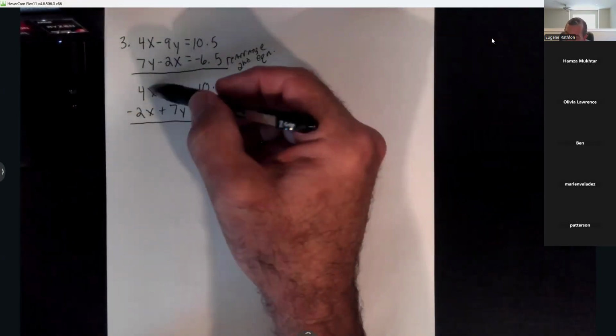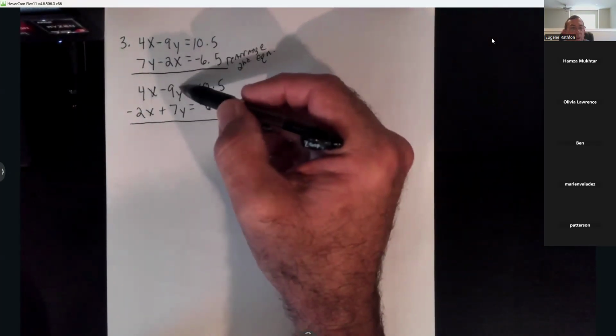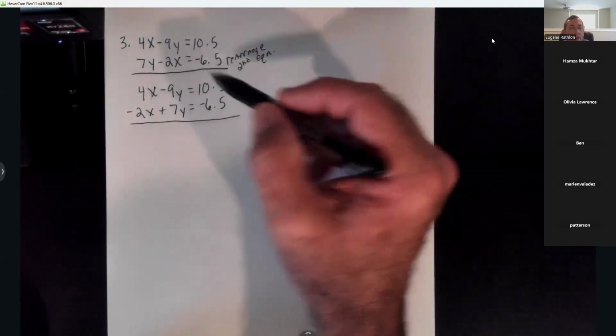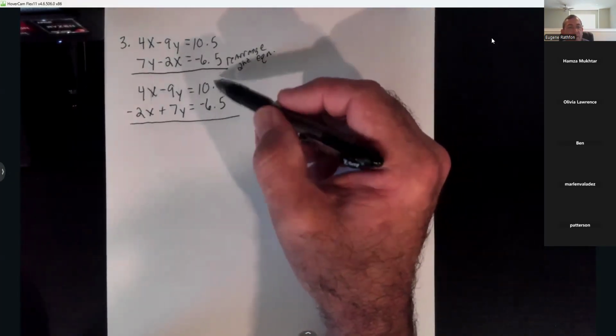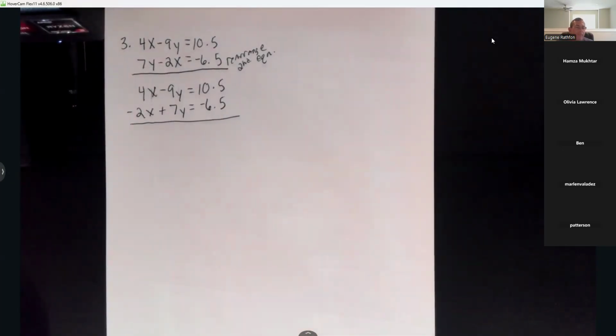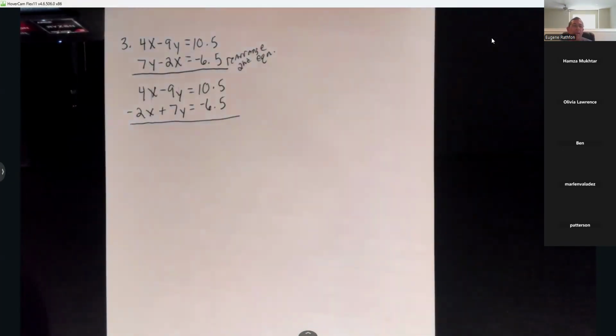Now, the x's are in the first column, the y's are in the second column, and then my answers are in the third column. Now, let's pick a variable that we think we can eliminate really quick. What do y'all think? X's or y's? What looks easier?